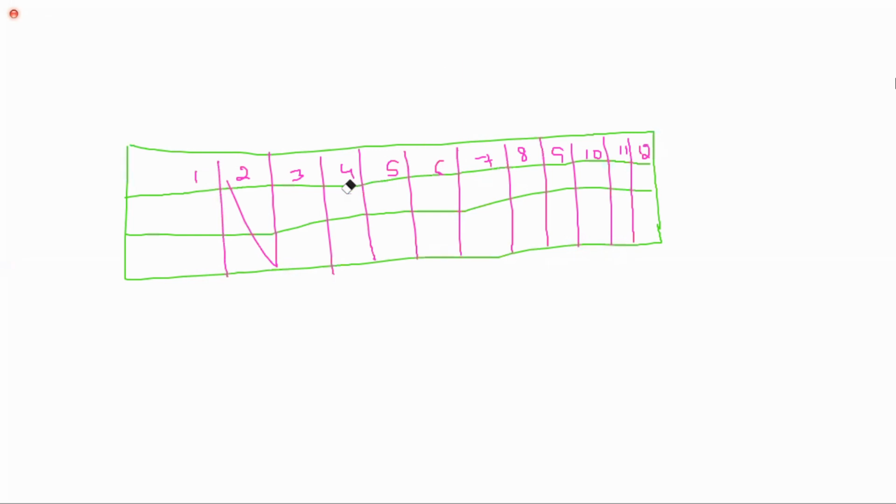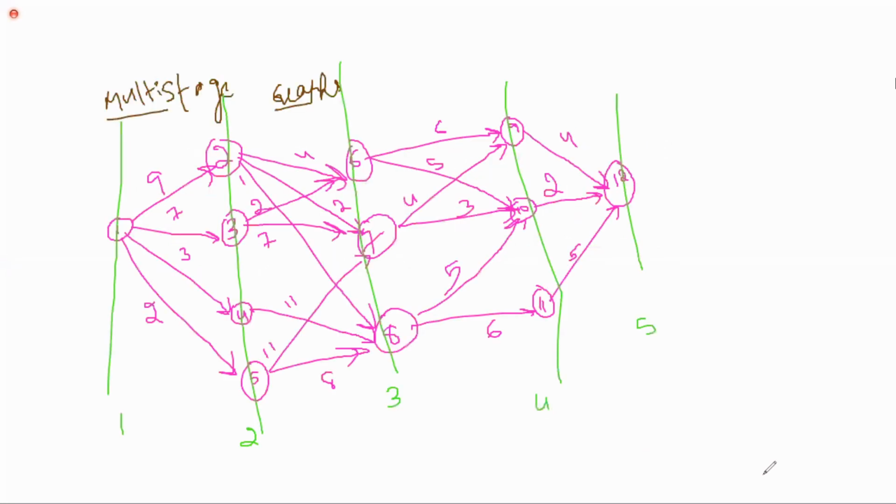Observe carefully. These are the given vertices, and here I'm writing the cost. This multi-stage graph can be solved using the forward approach or the backward approach.